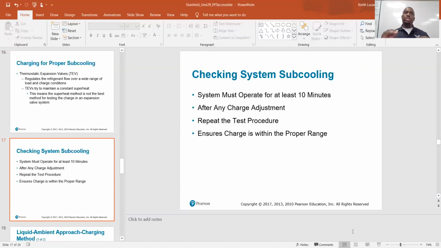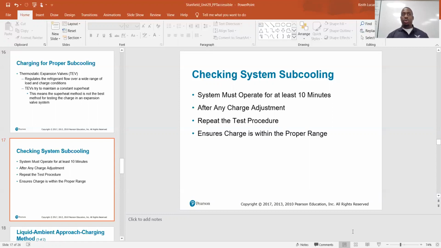So if your charge is correct, then you would have, the way the system is designed, 100% liquid going to the TXV, or 100% vapor going back to the compressor, because of the way it was engineered.